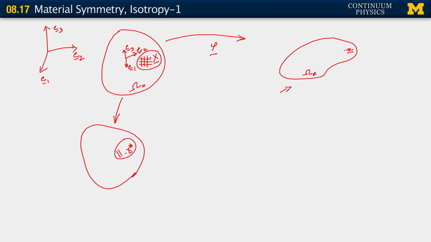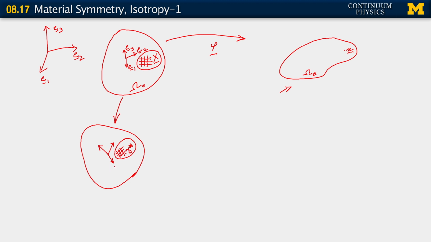So this is what that microstructure looks like now. Right? You may think of them as, like I said, fibers or crystal planes or whatever, right? And in the process, the basis that was scribed on the material has been rotated.